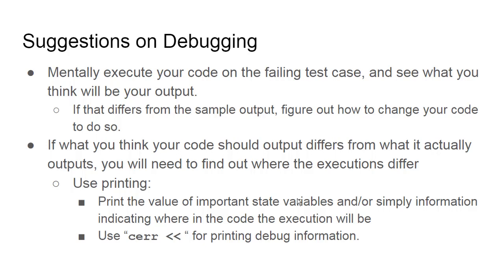From the printed information, you can verify how the program executes, what the values of different variables are at different execution points, and whether that matches what you think and what will eventually be the expected output. I used to joke that when I start debugging, in a class or in a setting, I will be using the state-of-the-art debugging technique of printf.